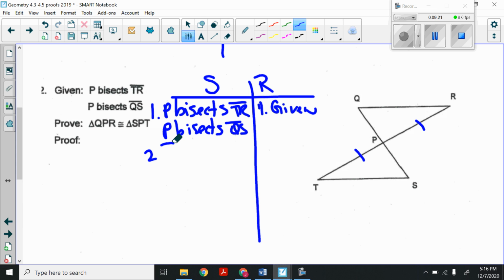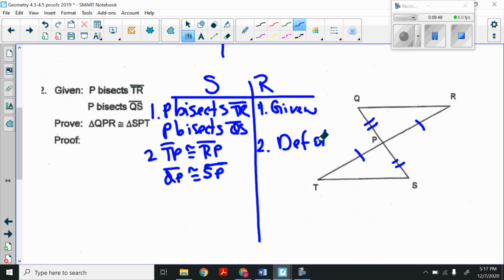So I can say TP is congruent to RP. But then P also bisects QS, so I know that this one also got cut in half. So then I can say QP is congruent to SP. My reason for both of these is definition of segment bisector.